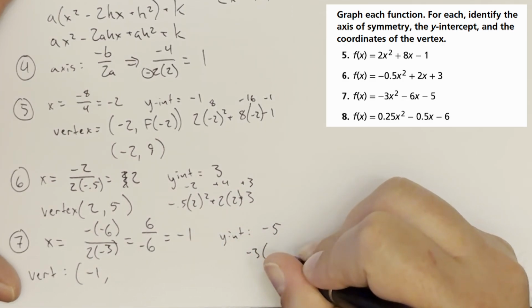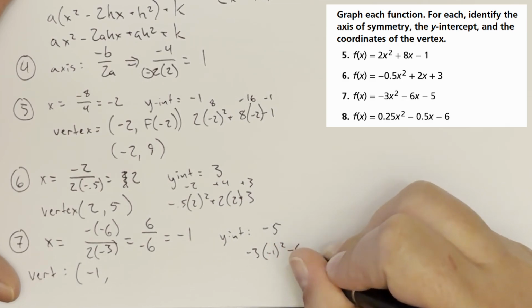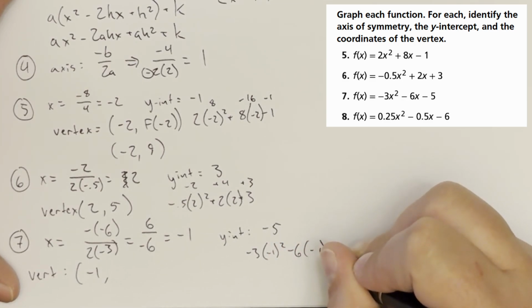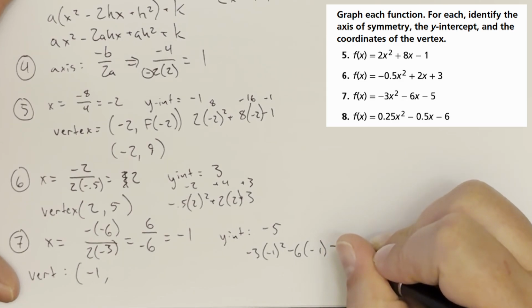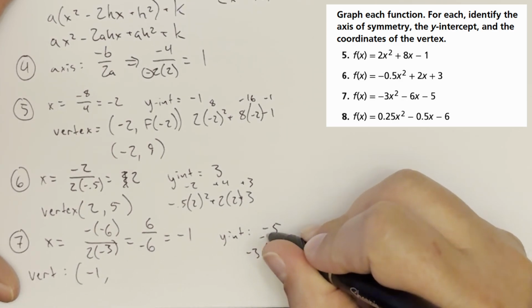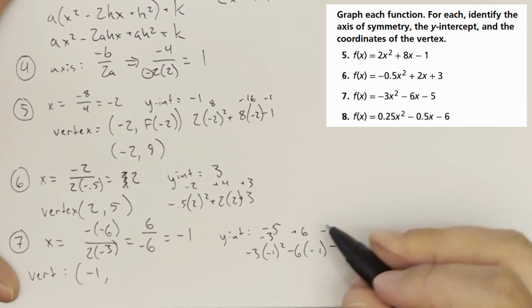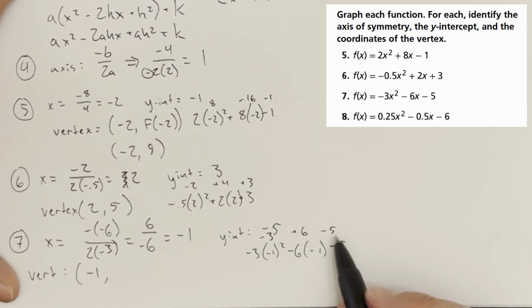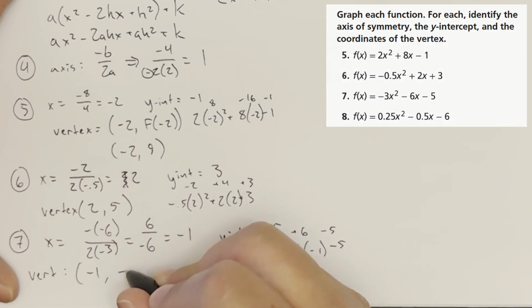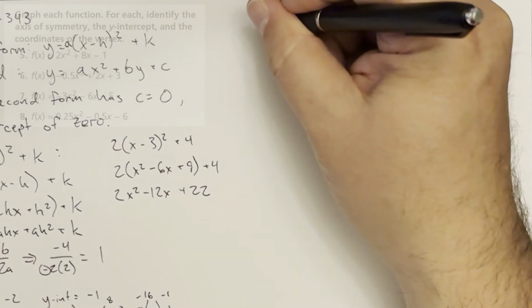Now find the function of negative 1 and work this out. Negative 1 squared is 1 times negative 3 is negative 3. And then negative 6 times negative 1 is positive 6, and then minus 5. So we get negative 8 and positive 6 is negative 2.